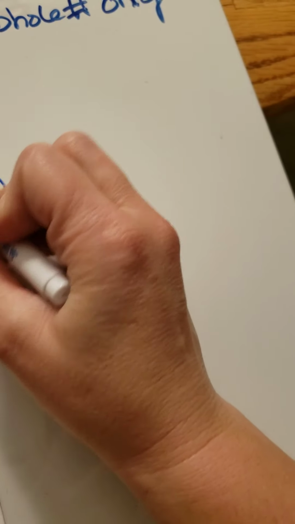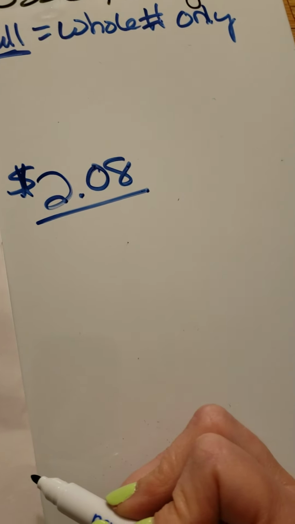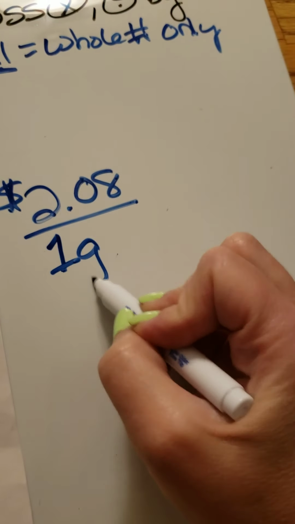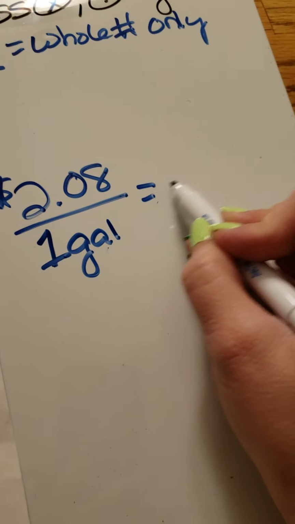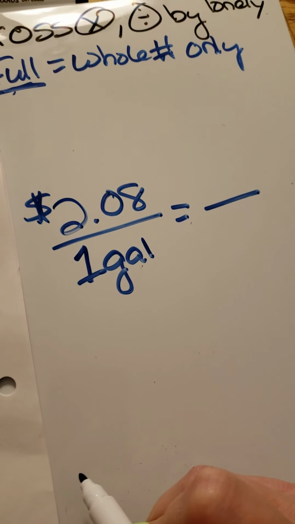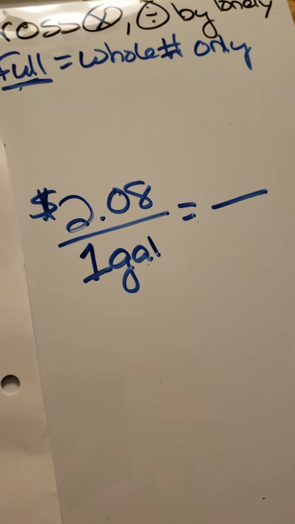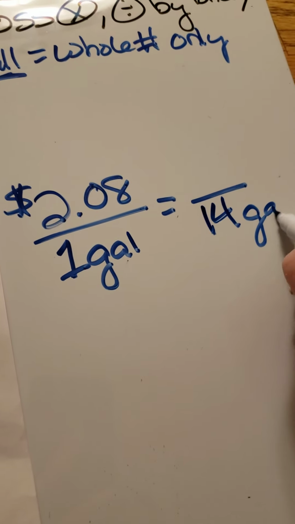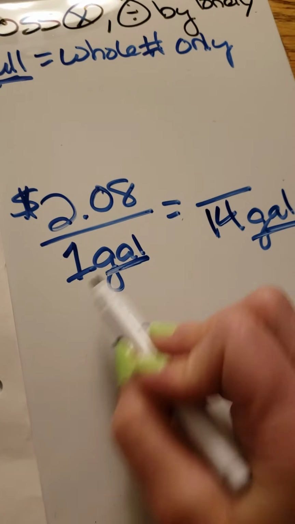And when I pay $2.08 for a gallon of gas, that gives me per gallon, which is per 1 gallon. Okay, I have a 14 gallon gas tank in my car. So I'm going to put gallons next to gallons.